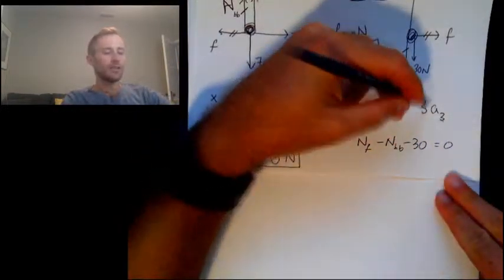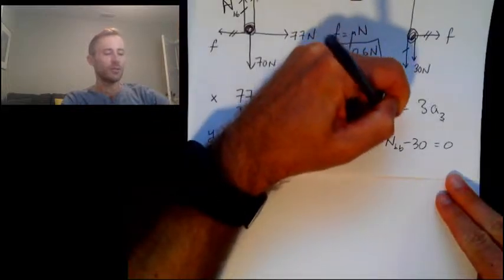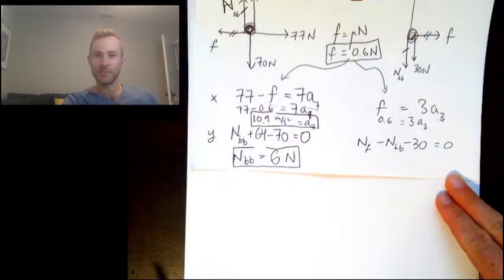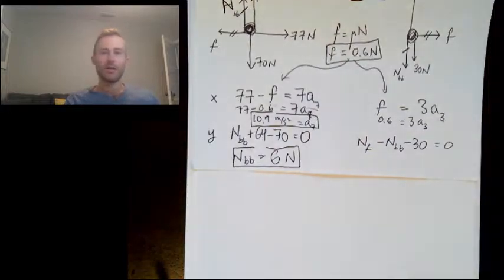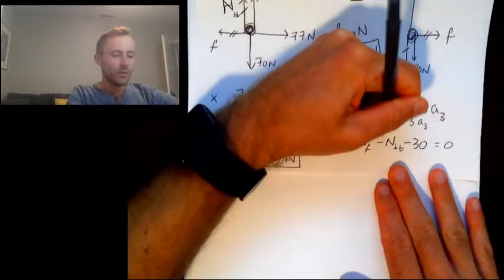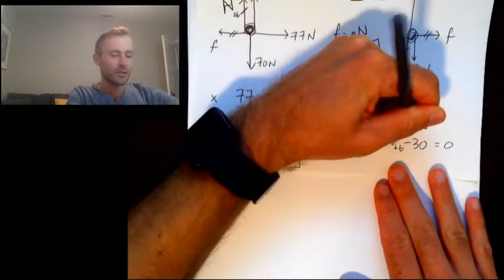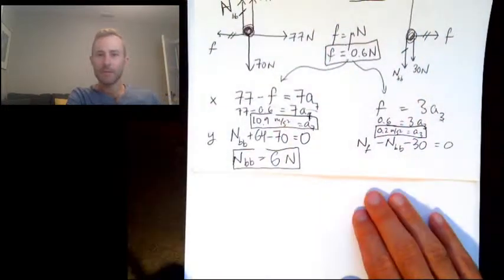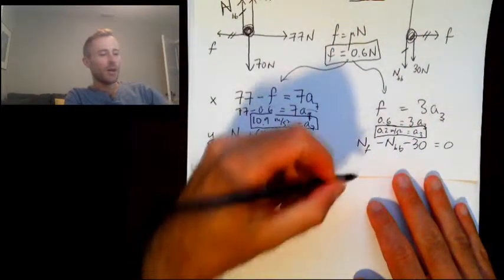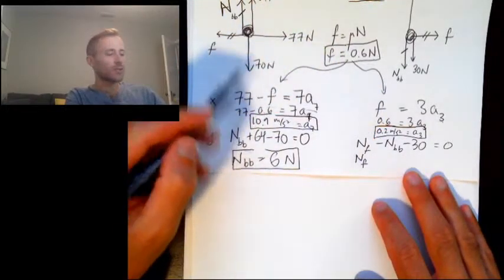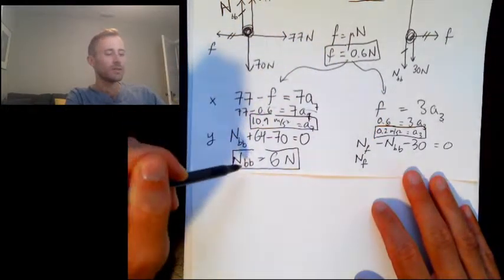Plugging that into this equation gives 0.6 equals 3 times a sub 3. And that tells me that 0.2 meters per second squared is the acceleration of the third block. I know that the normal force between the blocks is 6 newtons.